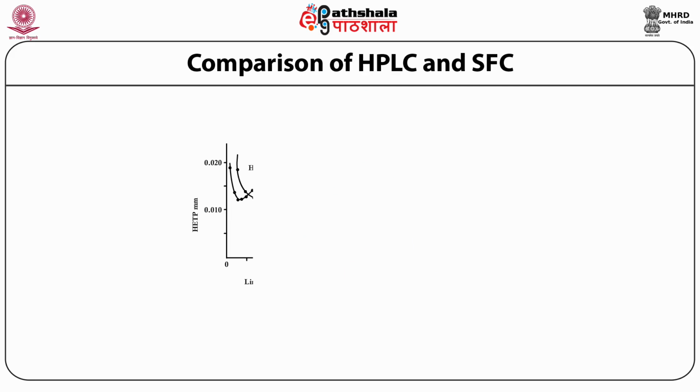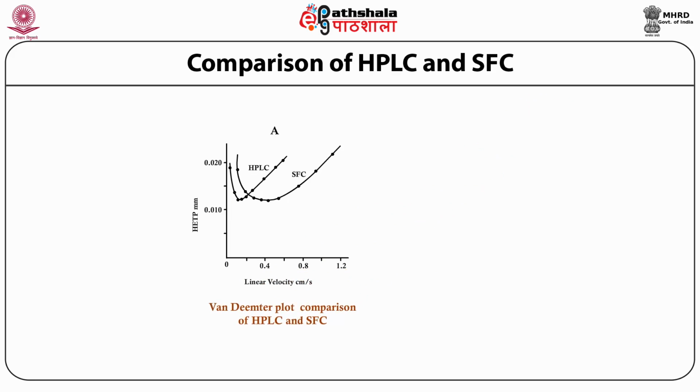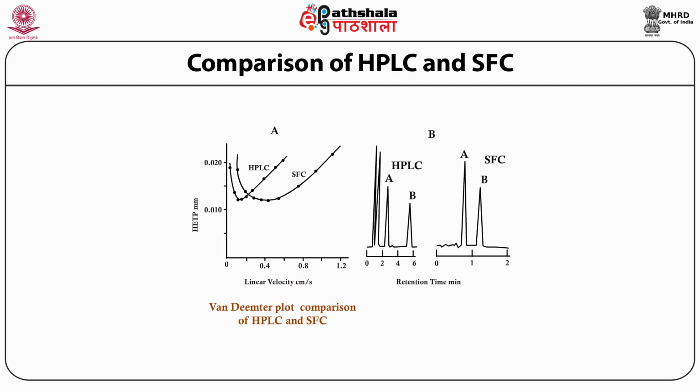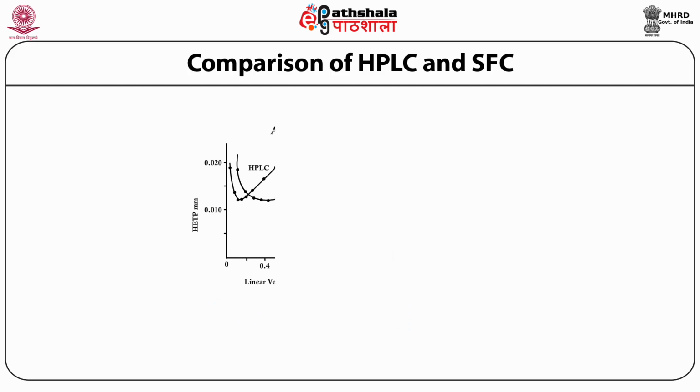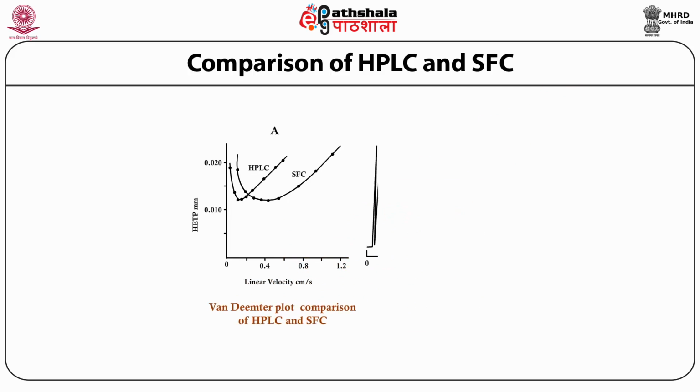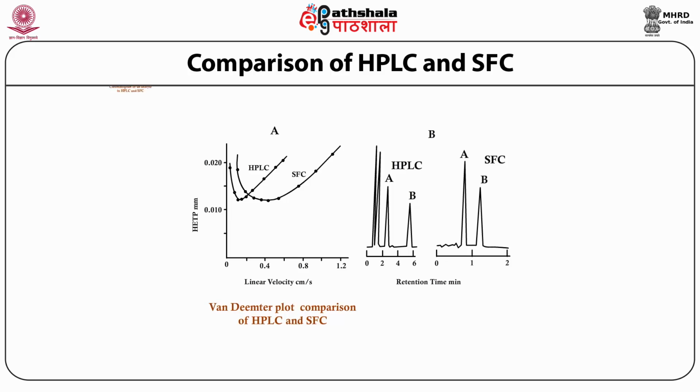Now, figure 3a shows typical Van Deemter plots obtained for analyte flowing through an HPLC or supercritical fluid chromatography column. It can be seen that SFC can be operated at 4 times greater flow velocities as compared to HPLC without appreciable increase in plate height.